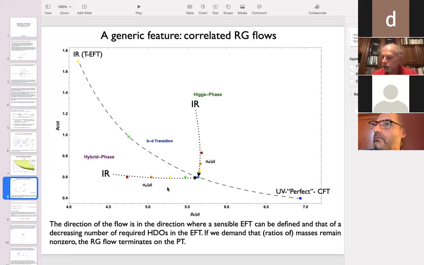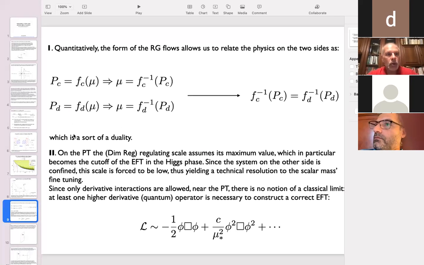In what way? Well, one can be quite explicit about it. One can compute a physical quantity in one of the phases, which is a function of mu. One can compute another physical quantity in the other phase, which is a different function of the same mu, and then one can invert these two functions for mu, and this mu is the same.